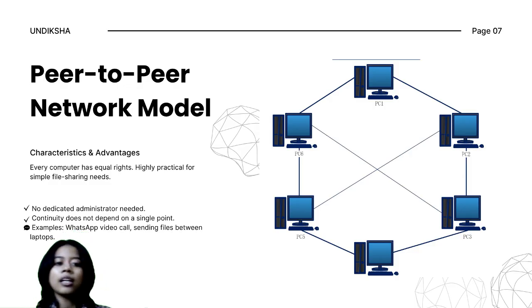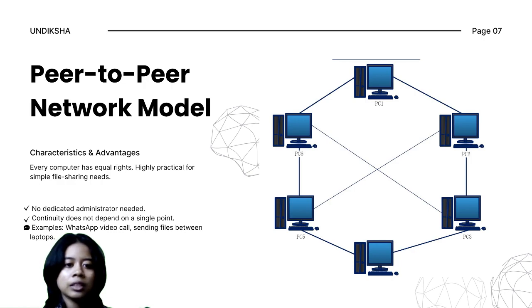Now, let us examine our second core agenda item, which is network variation. This determines how administrative authority and operational roles are distributed among connected devices. The first variation is the peer-to-peer network model, commonly abbreviated as P2P.